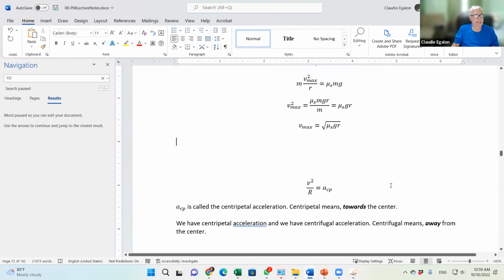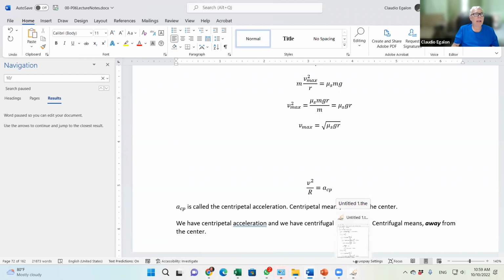Now I have my general equation that I'm going to put in my software, my favorite software.